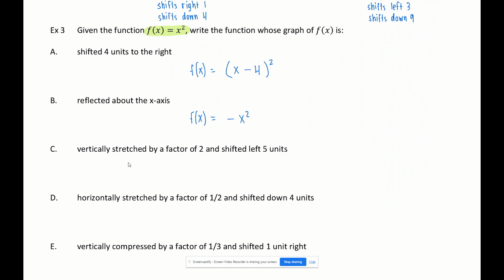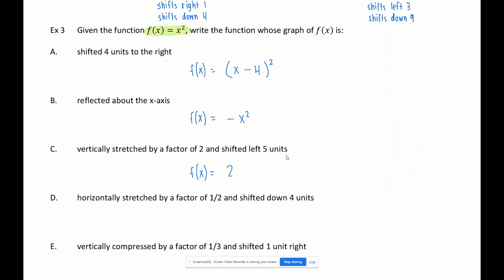Okay, C, it's vertically stretched by a factor of 2, and it's shifted left 5 units. Okay, so let's start with this vertically stretched by a factor of 2. Where does that have to happen? It has to happen outside. So we're going to put that 2 outside. Okay? Now, what about this? Shifted left 5 units.